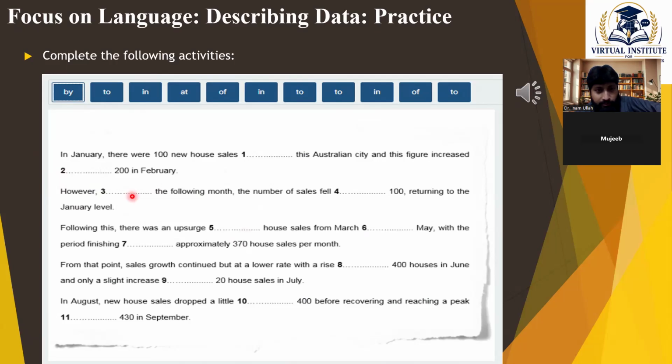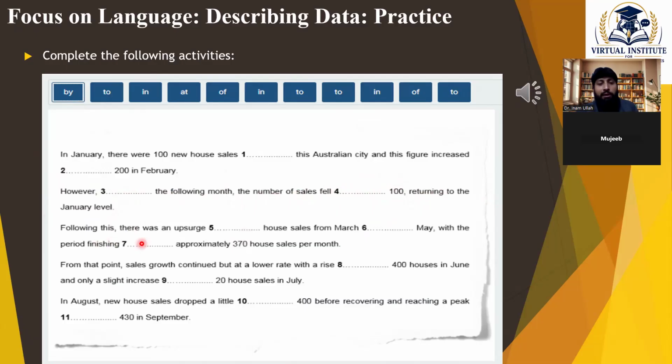Are you getting it? However, in the following month, the number of sales fell dash 100. Fell to 200, returning to the January level.